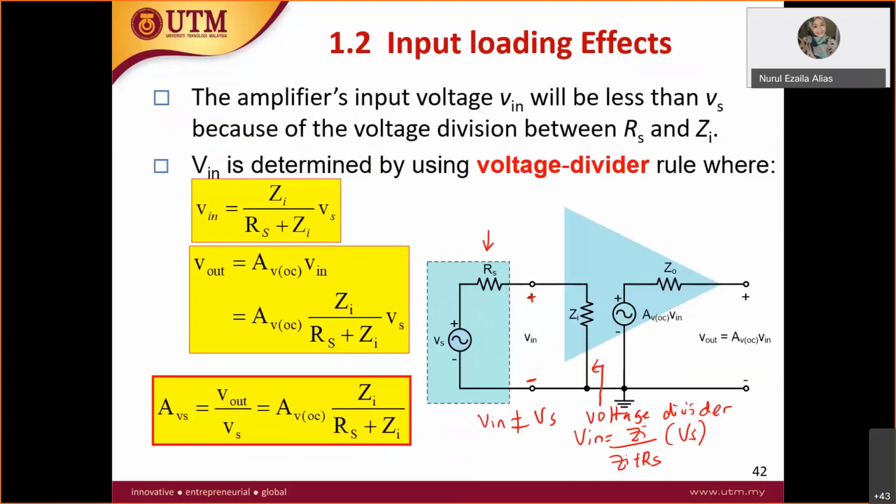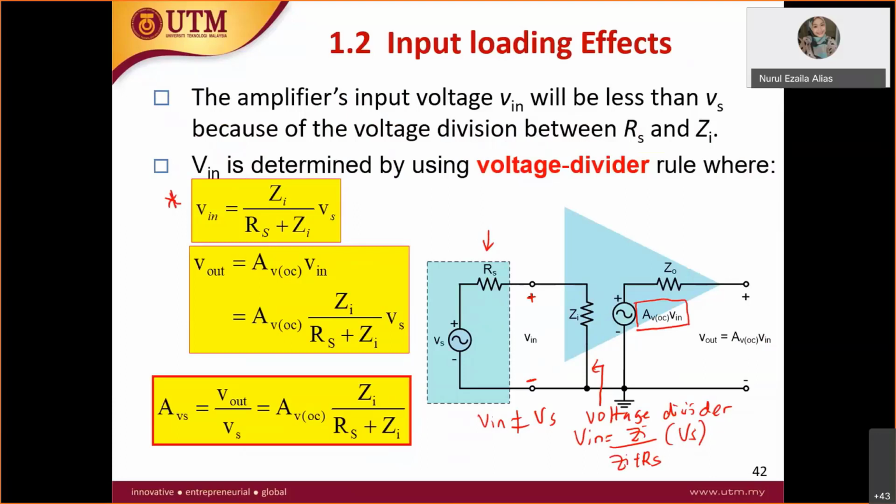So this is the same thing that I explained here. V out in this case is equal to the AVOC times V in. I believe that you all know. From the equation given itself, this part is AVOC times V in.